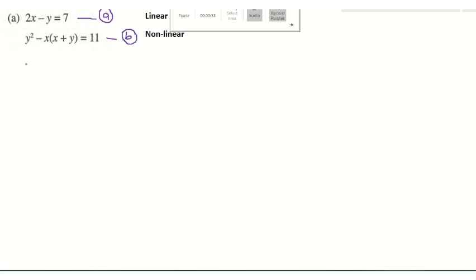Now, in this slide, whether to choose substitution or elimination, it is likely to be substitution because it is easier to substitute, and it is quite difficult to do elimination because there is no same unknown for equations A and B.